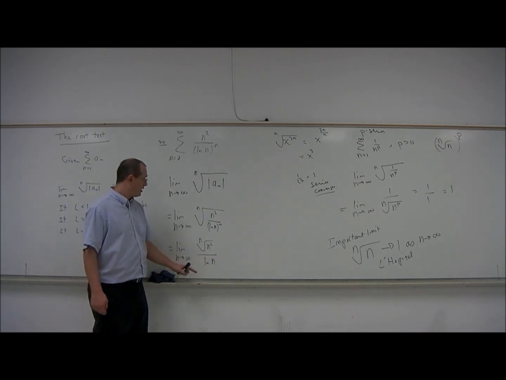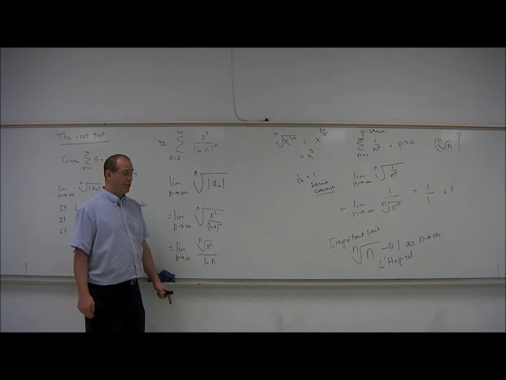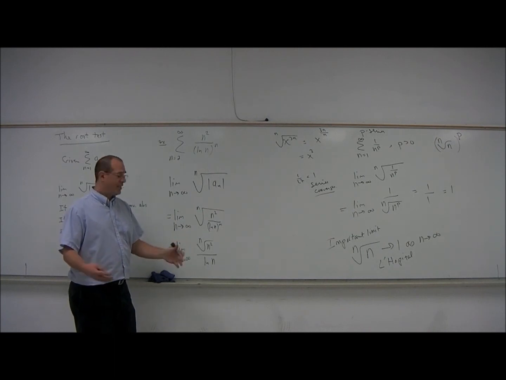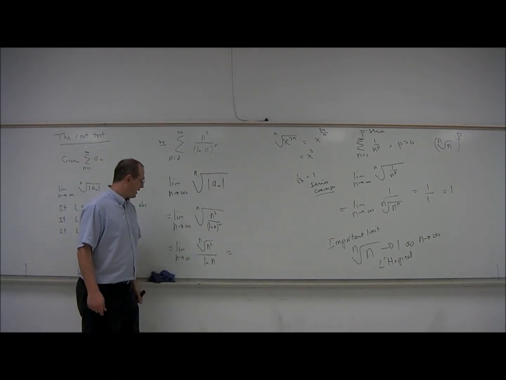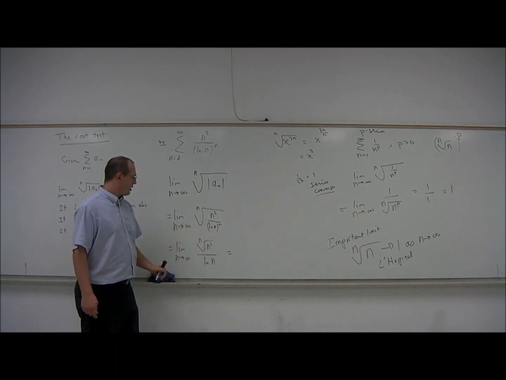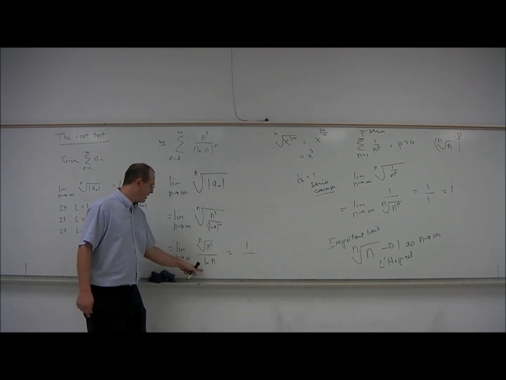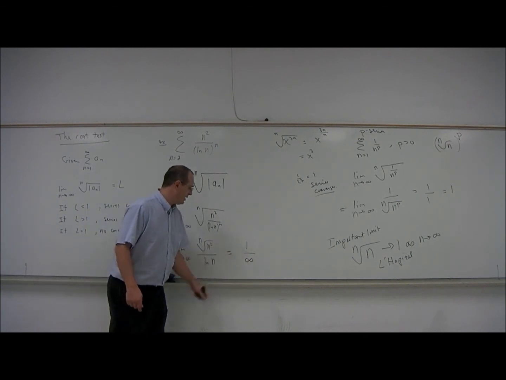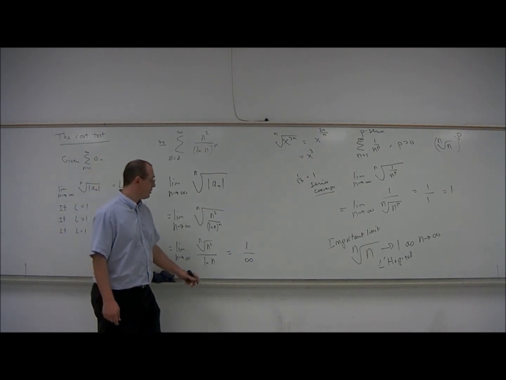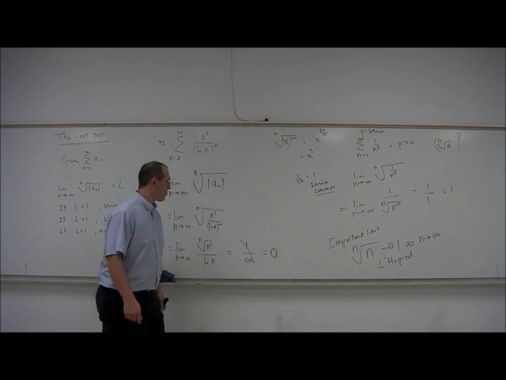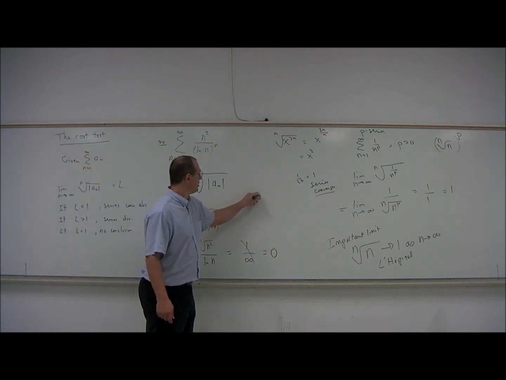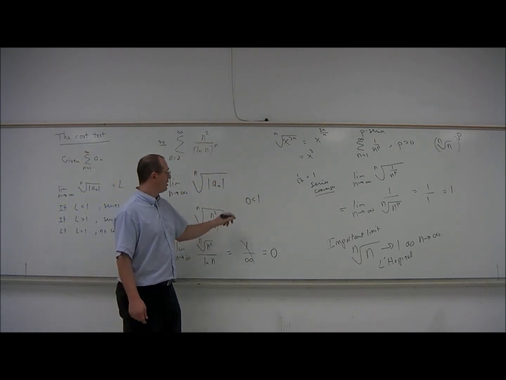And that's the point of trying the root test here, because the nth root of the nth power will cancel. And now in taking the limit, the numerator here is going to go to 1. And the denominator is going to infinity. So really, this is equal to 0. The limit is equal to 0. And the conclusion then is, since 0 is less than 1, the series here converges by the root test.